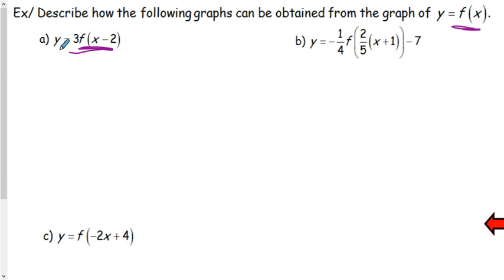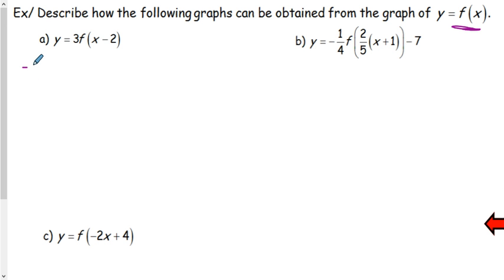Okay, so here we go. Let's write down what they are. For my first one, I see I've got something in the brackets with x and it's subtracting it, and I've got something out front multiplying it. I remember that that 3 out front is going to affect my y values. Now, just like your BEDMAS rules, it's easier in this case if you're doing your multiplying first. So we'll think about those first.